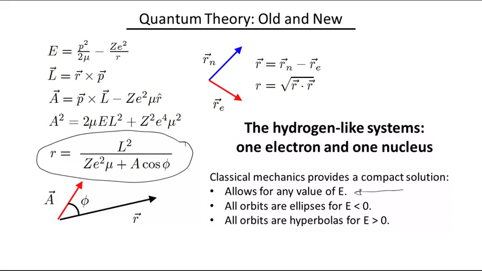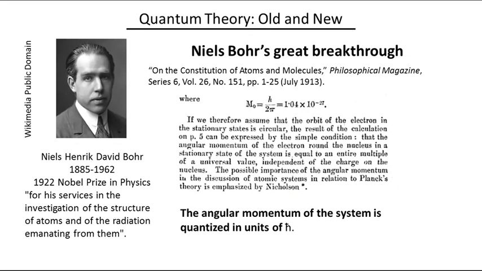When that energy is negative, the orbits are not only bounded, but they close on themselves. It's a very non-generic fact in dynamics. And when the energy is positive, then they travel off to infinity.